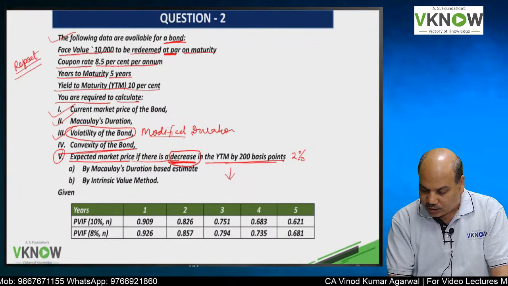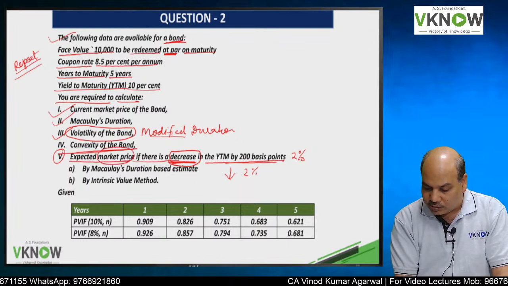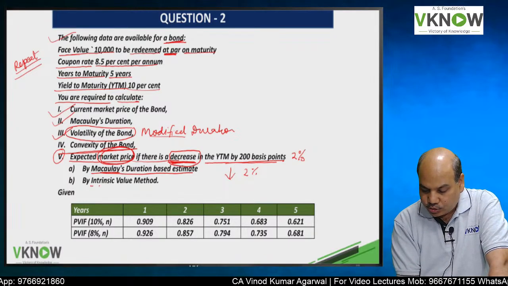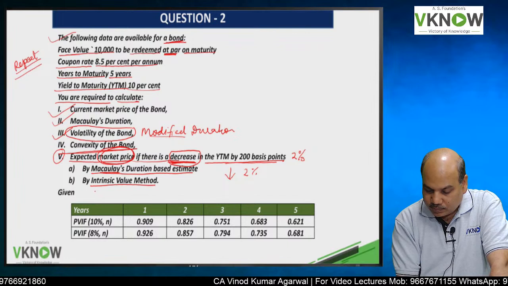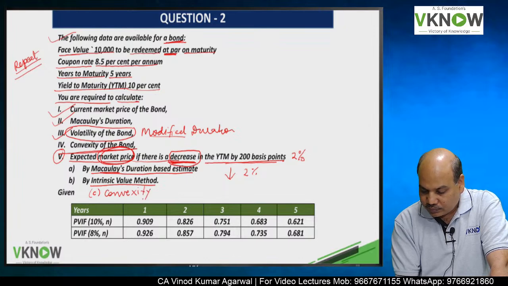So if YTM decreases by 2%, what will be the revised market price of the bond using Macaulay's duration based estimate and using intrinsic value method? Add one more question from my side, which is important for understanding convexity.